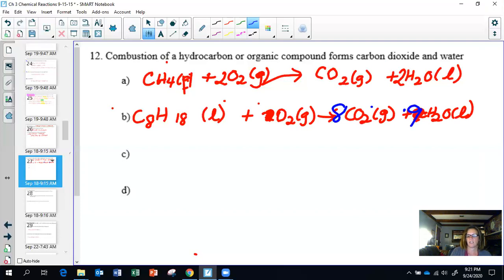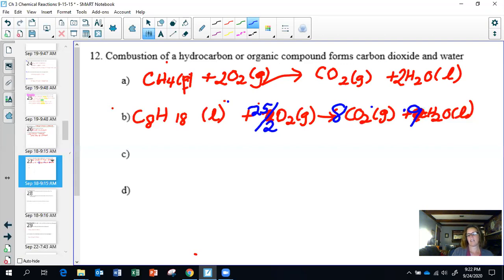Then the strategy is to do oxygen. Over on the right-hand side of the equation, we have 16 plus 9, we have 25 oxygen. And over here on the left-hand side, we have 2. So in front of the oxygen, you want to do 25 halves in order to balance.